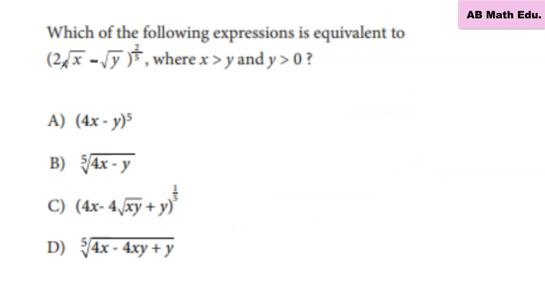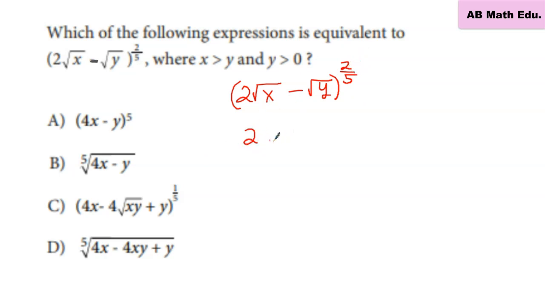All right, so let's look at the next question, which is (2 root x minus root y) to the power 2 over 5. So let's see how we can write this. We can split it a little bit for us to see the power, which is the index part.